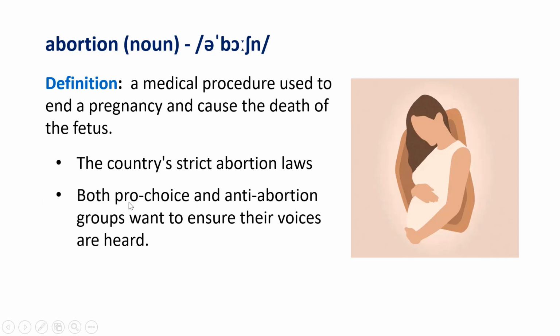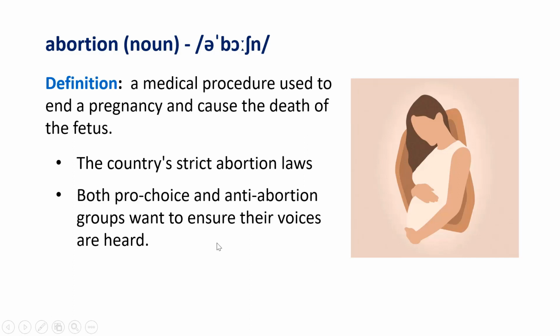For the first phrase, pro-choice means that you support other people's decision, and you can use this word for that. Pro-choice means support, okay? And anti-abortion means do not support, and you disagree with the opinions and decisions of other people.